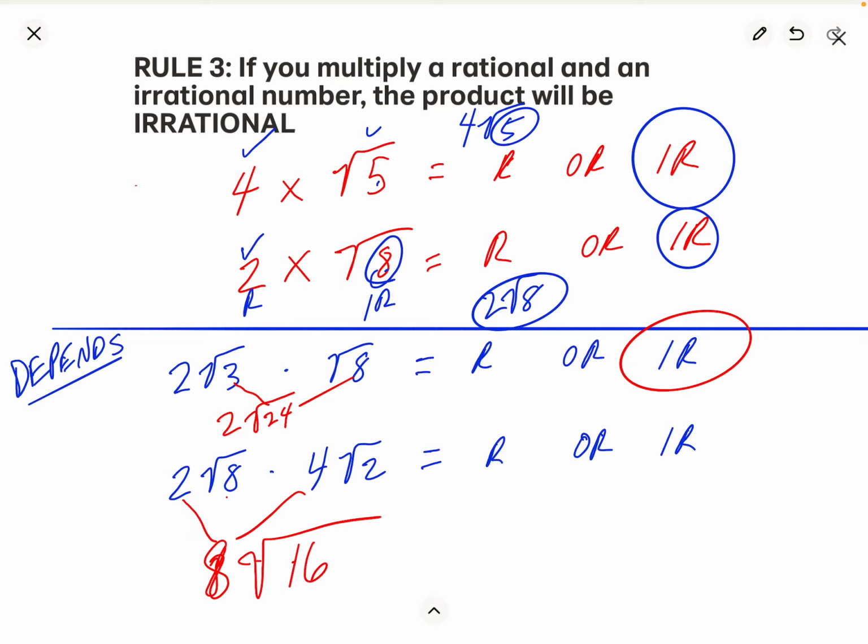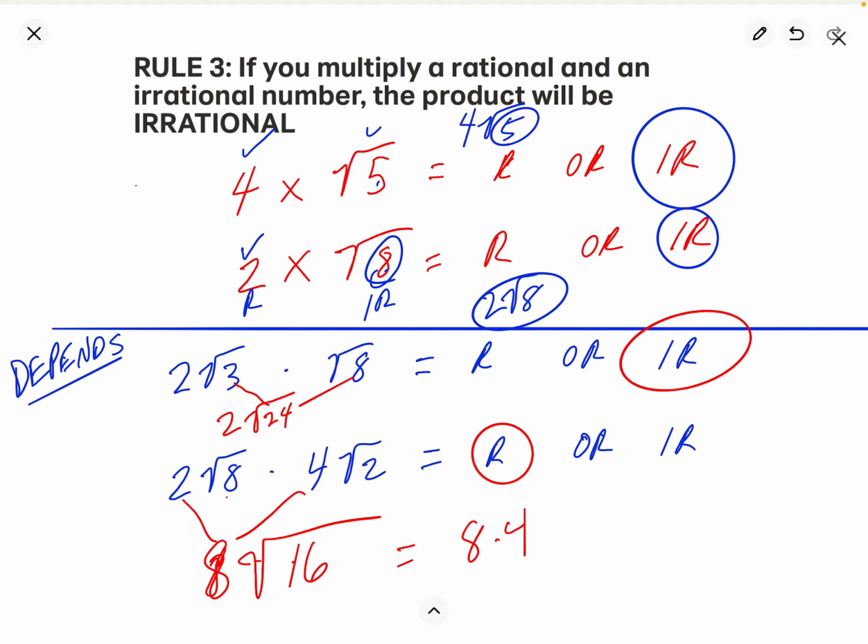It absolutely is. So this is actually going to be 8 times 4, and that's a rational number. So when you are multiplying irrationals together, you have to check the square root part. If that's a perfect square, then the overall thing is going to be a rational number. If it's not a perfect square, then that means it's going to be irrational.